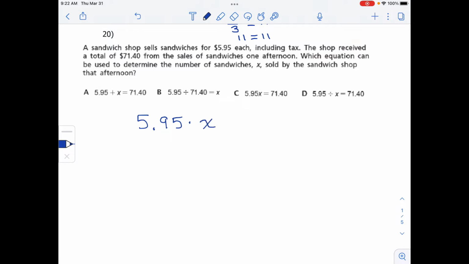If I buy 2 sandwiches, we would double the $5.95. If I buy 3 sandwiches, we would multiply $5.95 times 3. If I buy 10 sandwiches, we would multiply by 10, the $5.95. So I'm multiplying the $5.95 and X together, that's going to tell me the total cost or the total amount of sandwiches, dollars sold by the sandwich shop. So $5.95 times X is option C.